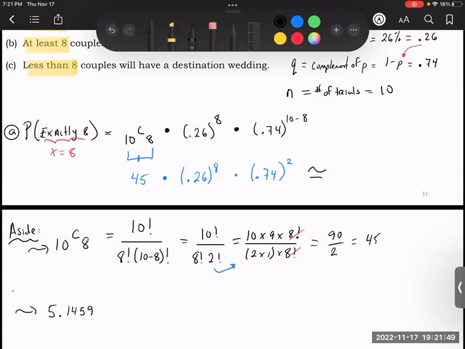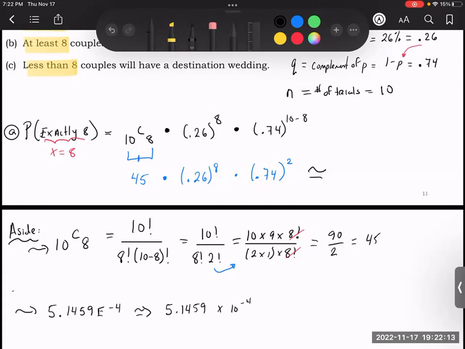I'll stop there, times e to the negative 4. So you saw something like this in your calculator if you had a Texas Instrument, but equivalently, that's the same thing as saying in scientific notation, 5.1459 times 10 to the negative 4th power.